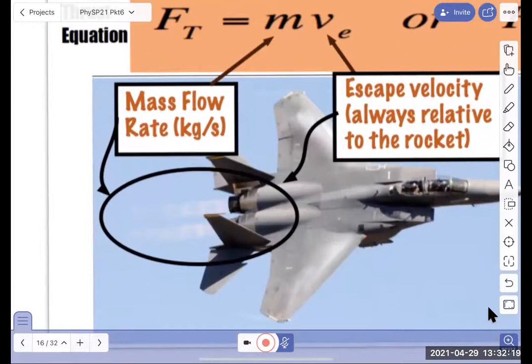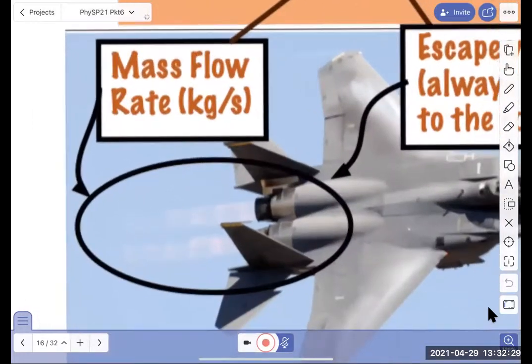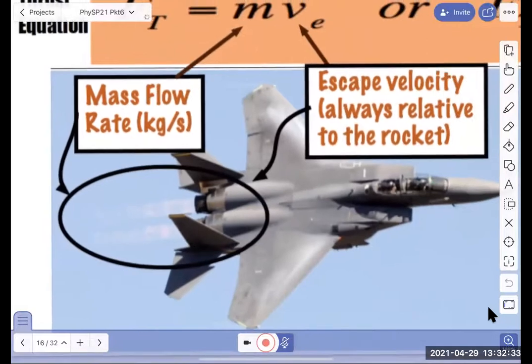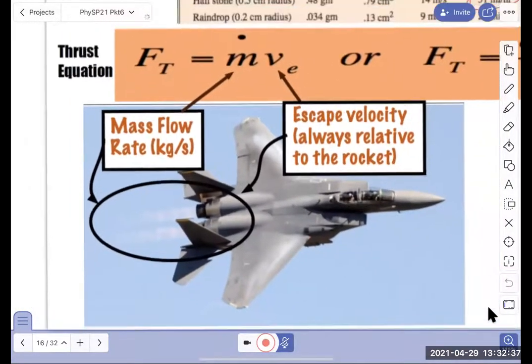It's about 1 pound every 4 newtons, so you can feel about 100 pounds of force pushing you. The mass flow rate from an F-15 must be on the order of 10 kilograms a second, and if the escape velocity is at Mach 2, that puts you at pretty high thrust.